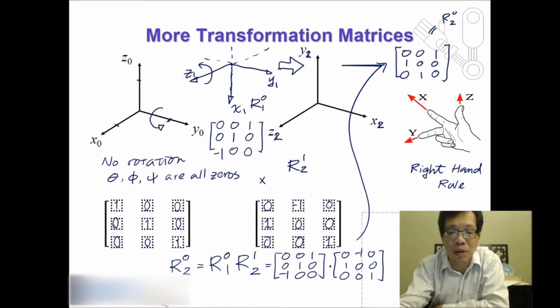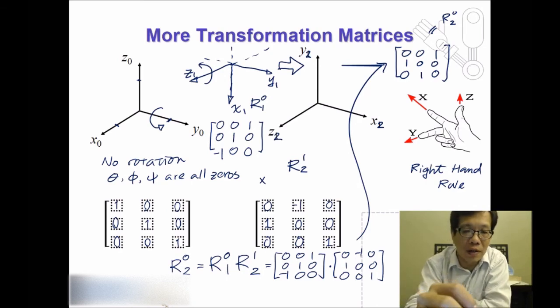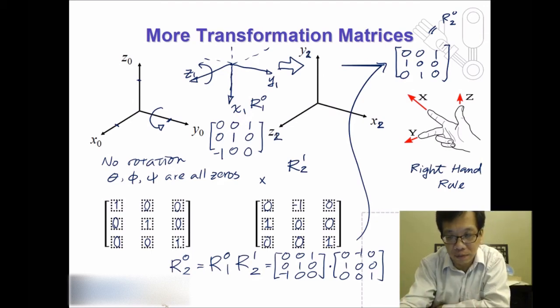So this should be pretty straightforward. You can just multiply those two transformation matrices together, or you can try to compare the coordinate system of the original frame and the second frame over here.